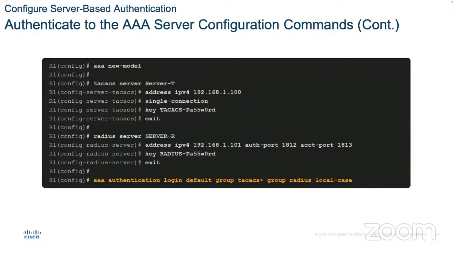If you want to configure a method list for the default login, and say you wanted Cisco's own first, second to RADIUS, you could do something like this. And in this case, actually, it's three. You got Cisco's own protocol first, RADIUS second, and third, local.